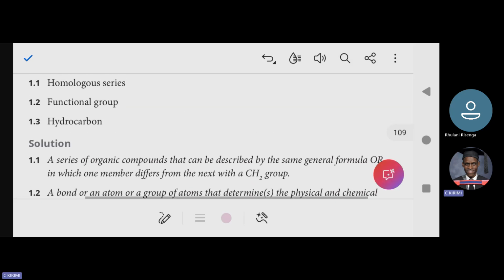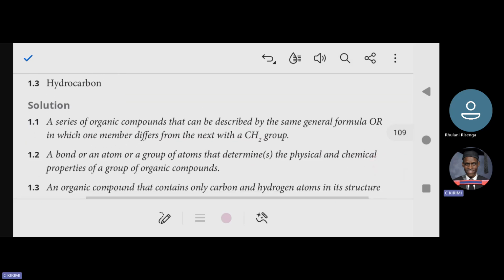And for functional group, we are talking about a bond or an atom or a group of atoms that determines the physical and chemical properties of a group of organic compounds, just like what you mentioned, which is correct.